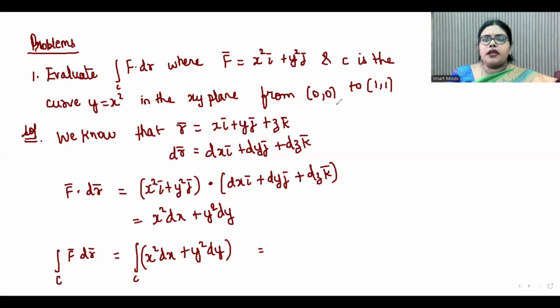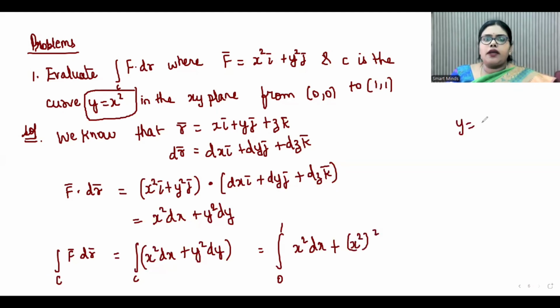Now you can see the limit 0,0 to 1,1. So we take the limits from 0 to 1 x square dx plus what is y? So y square we can write it as, see in the question, y is equal to x square is given, curve y is equal to x square. So in the place of y we can take x square whole square.